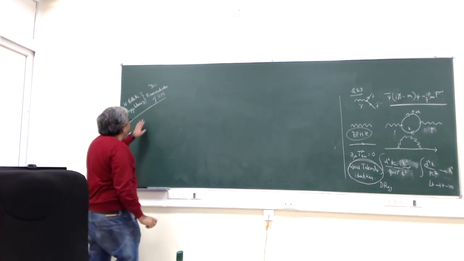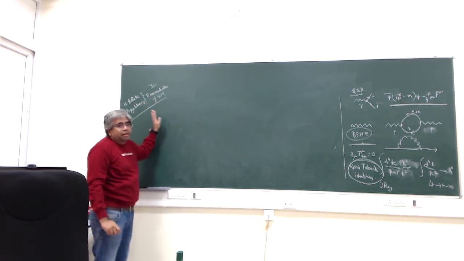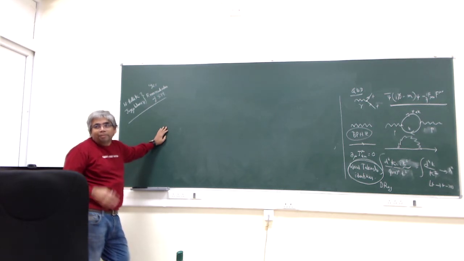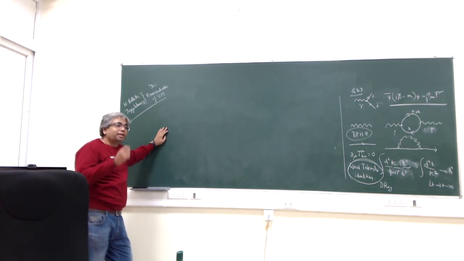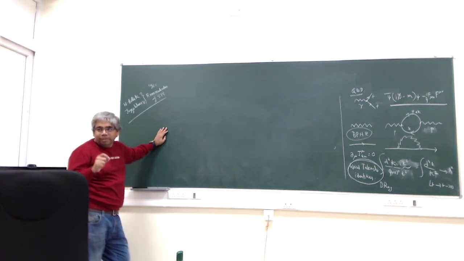The renormalization of the standard model in a way started even before the standard model was constructed, in the 1950s. People started computing one-loop corrections to muon decay, which was known in Fermi theory.